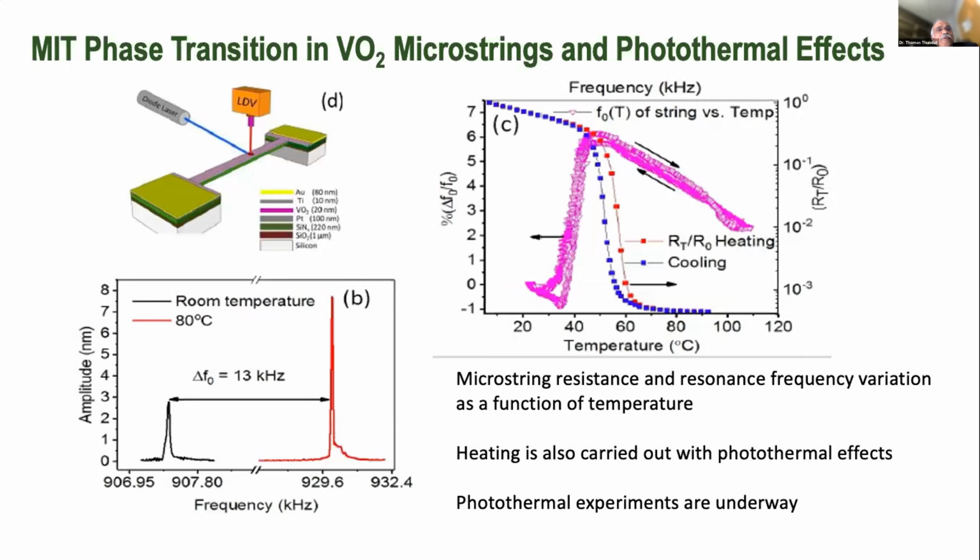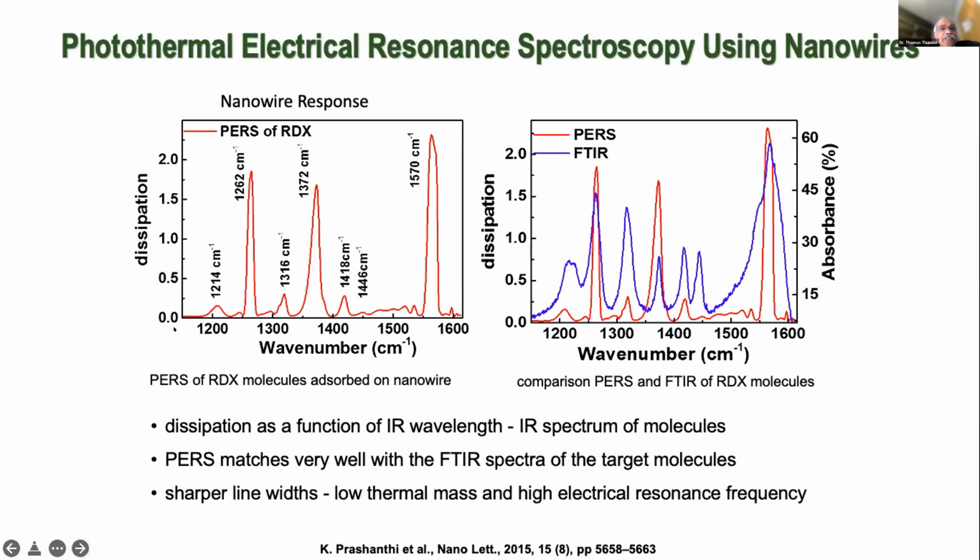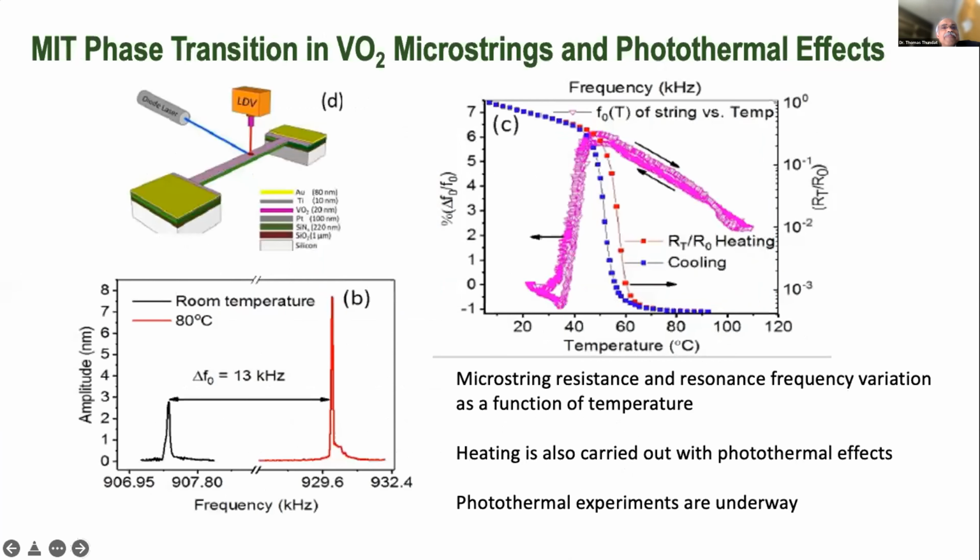And I didn't explain that this nanowire is also exposed to different wavelengths of light. This is again a photothermal spectrum. And here is a nanowire that is suspended, or microstring. This is vanadium oxide, so it will show what you call the metal-insulator transition.